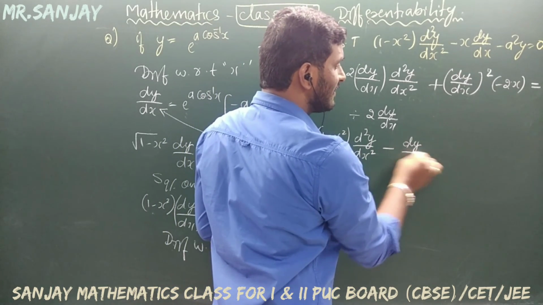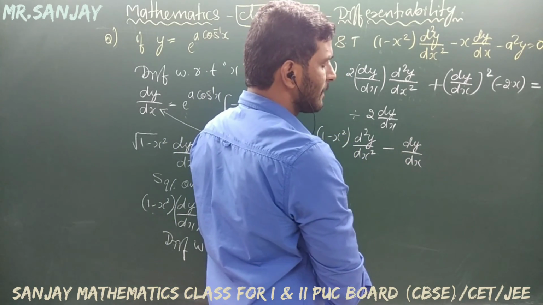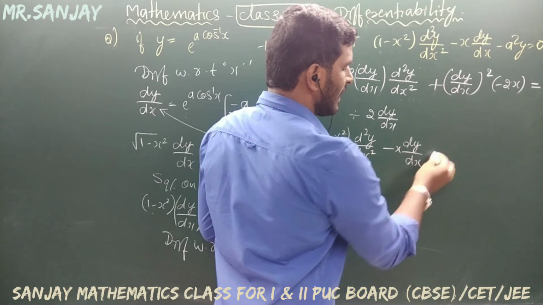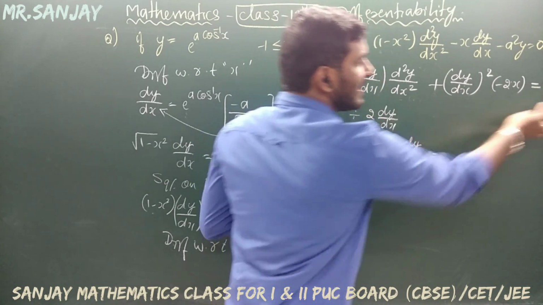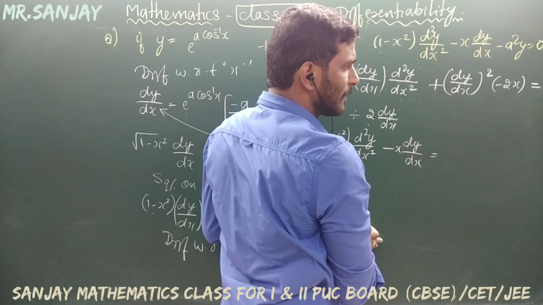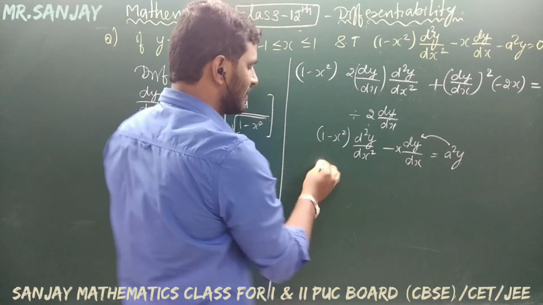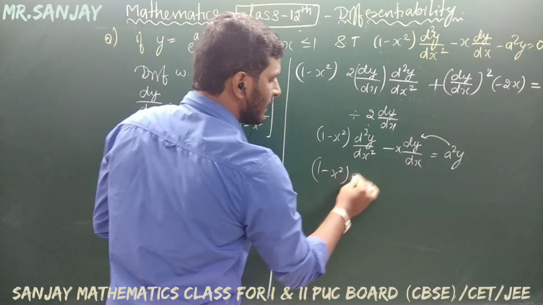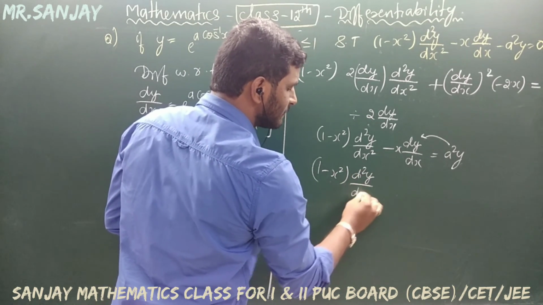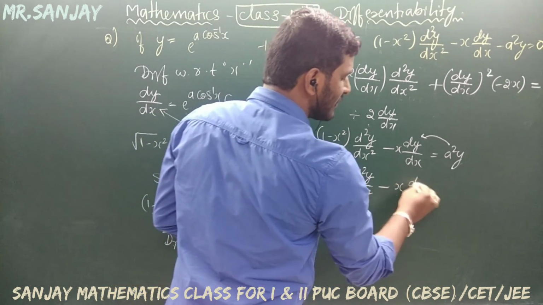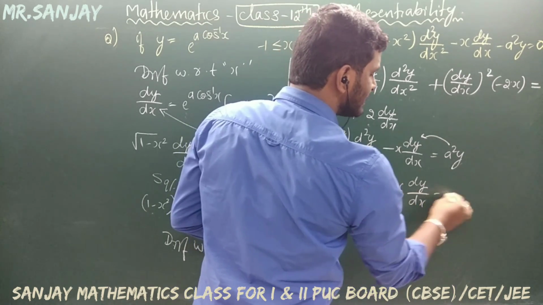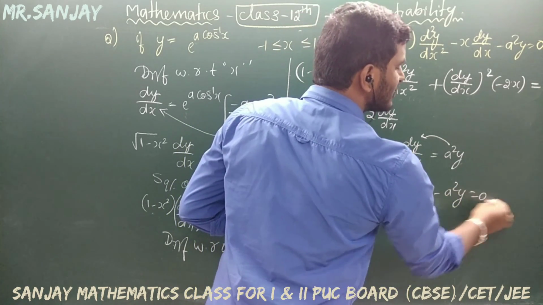Remaining is dy by dx into x, and that is equal to, 2 gets cancelled, dy by dx gets cancelled, remaining is a square y. Just take a square y to the left side: 1 minus x square d square y by dx square minus x into dy by dx and minus a square y, that is equal to 0 is the required answer.